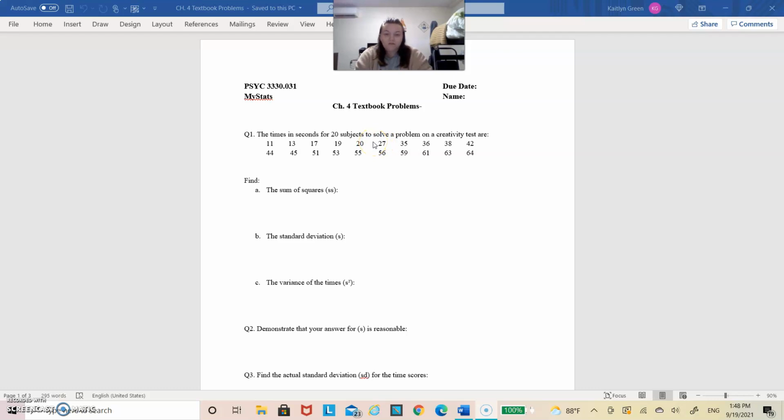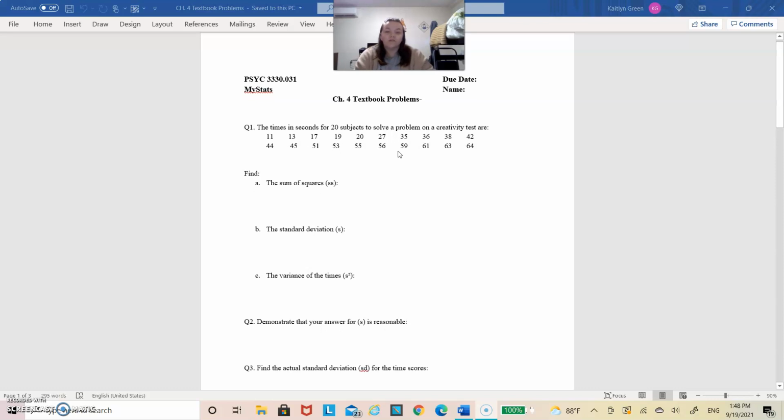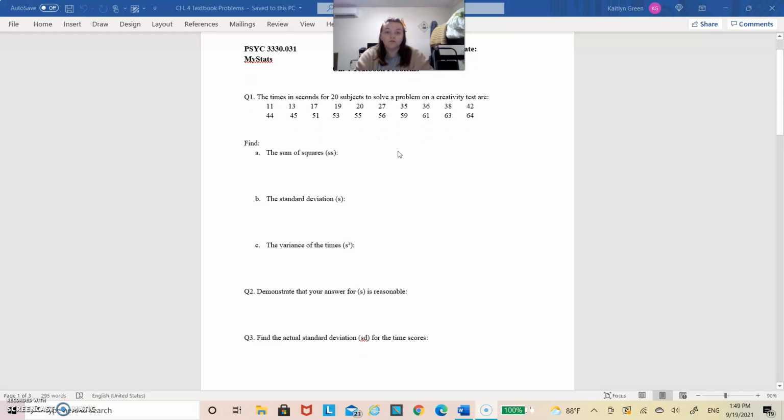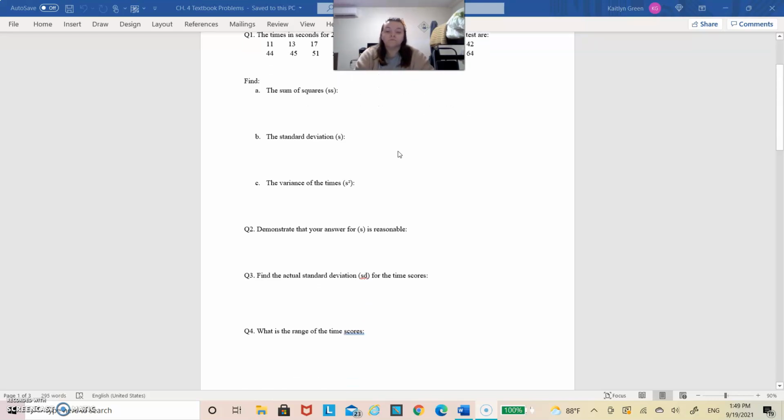And then one standard deviation above is going to be 58.03, so somewhere right here. So as you can see, over half of the data is contained within one standard deviation above or below. So that does make it a very reasonable deviation for the data set that we have.